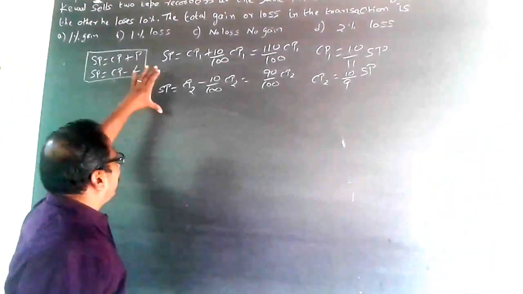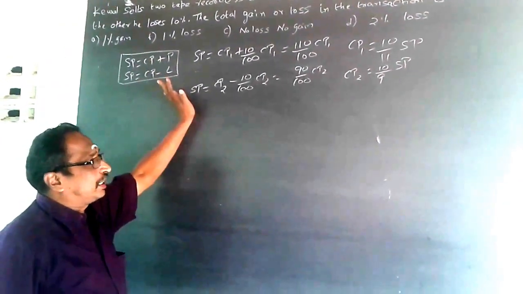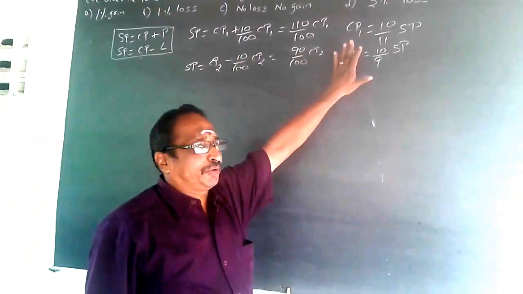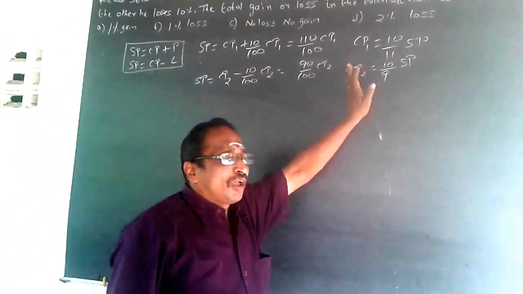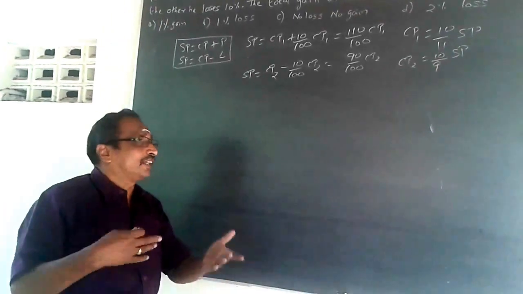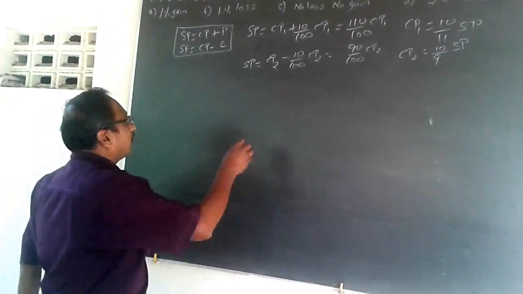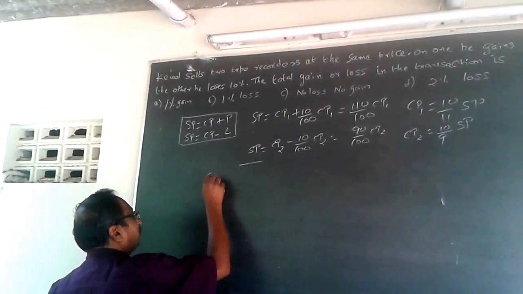See, I am selling two articles, so I will have to find out the total selling price. Similarly, I have to find out the total cost price of both these articles, CP1 and CP2, find out which is more and analyze whether it is a profit or loss. So here, my total selling price will be 2SP.